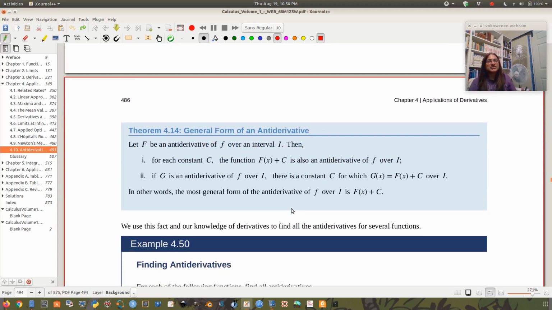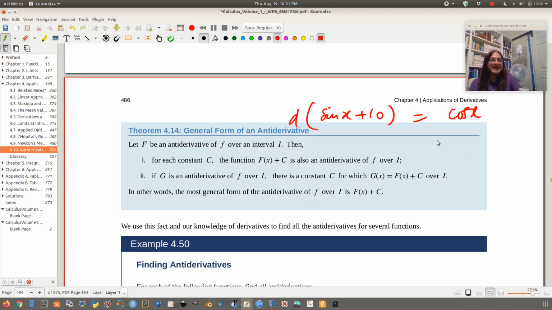But since the derivative of a constant is 0, if you take the function, for example, sine x plus 10, take the derivative of this, it is still cos x.